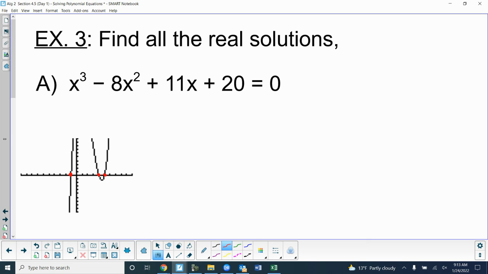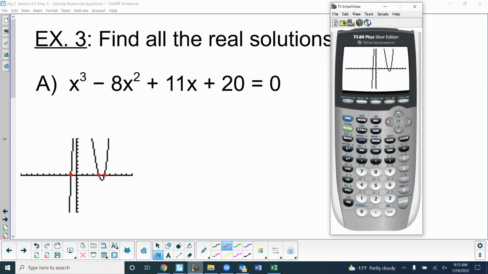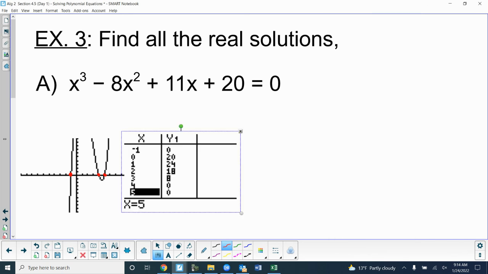How can I check real quick? So make sure, go to the table. All right? -1 worked, right? Let's go down and see if we can get 4 and 5 in there too. There's 4 and there's 5, yeah, so we can get all 3 of them on that table, okay?